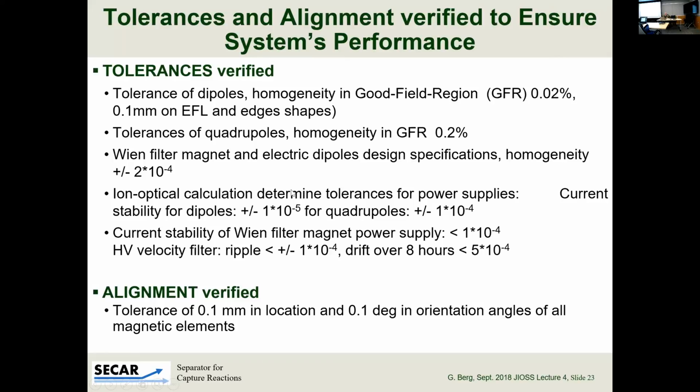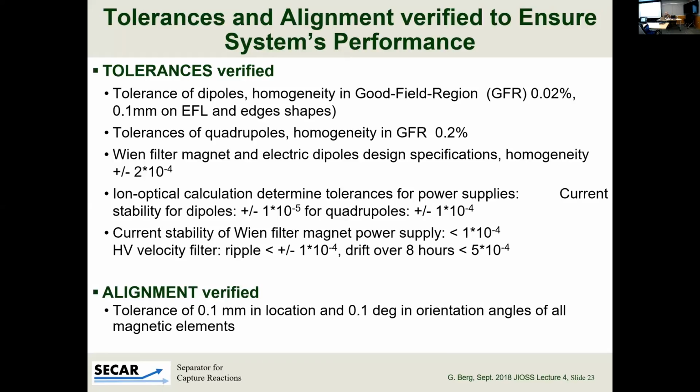So, ion optical, the tolerance, of course, the power supplies are typically a factor of 10 better specified than what the field is. We don't want to have a magnet perfectly and then it jumps up and down because the power supply is doing its game.